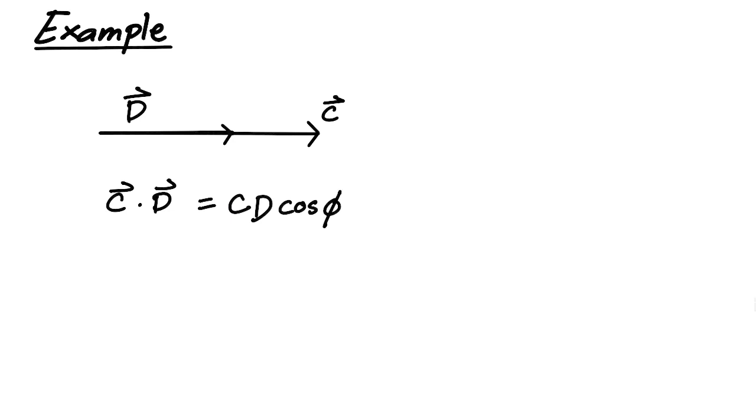What is the angle between them for this case? Now, since they are pointing on the same direction, the angle between them is actually 0. So, phi will be 0.